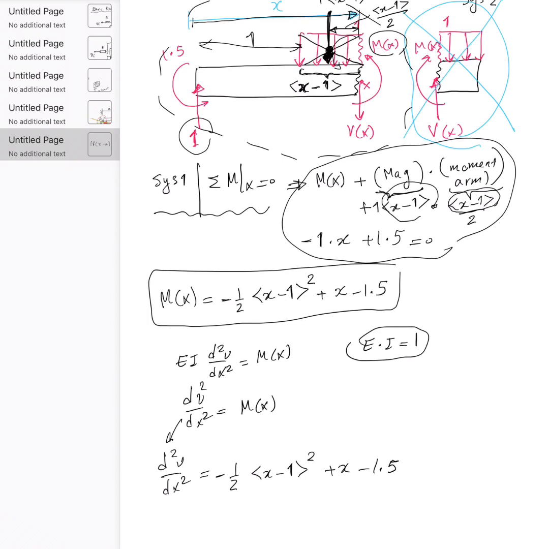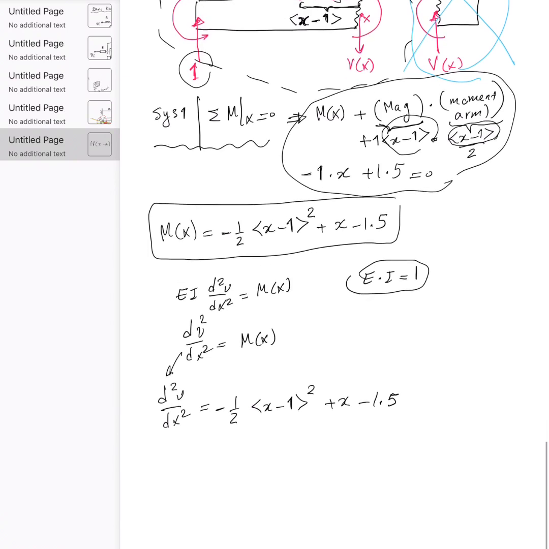Okay, the first integral gives you dv/dx, which is your theta slope, is equal to negative x minus 1 cubed over 6 plus x squared over 2 minus 1.5x plus c1. Again, you apply dv/dx at x equals 0 is 0, the slope is 0, then you get c1 is 0.